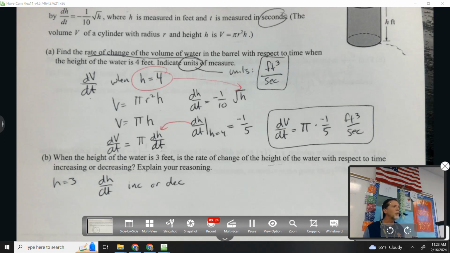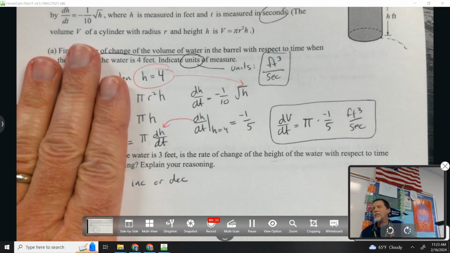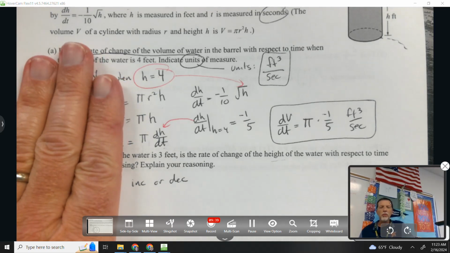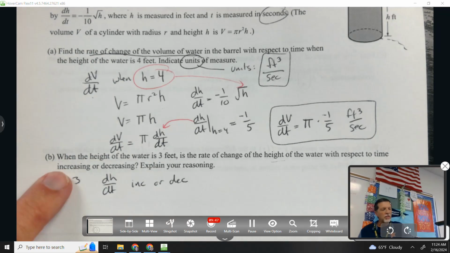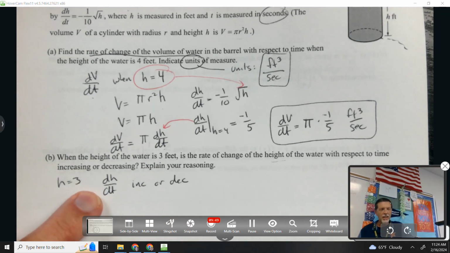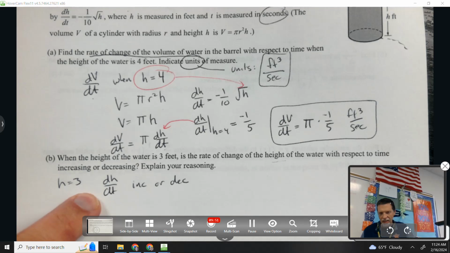That's a tricky question. How do I usually figure out if something's increasing or decreasing? Okay, so you're thinking velocity, acceleration, but more generally the derivative. If the derivative is positive, then whatever we're talking about is increasing. So I need to know the derivative of dH/dt. That will tell me if dH/dt is increasing or decreasing.